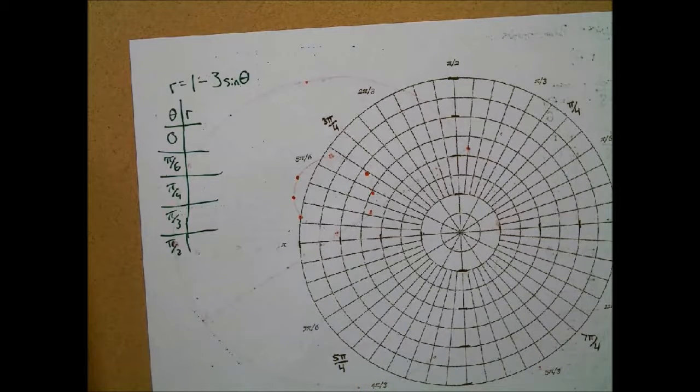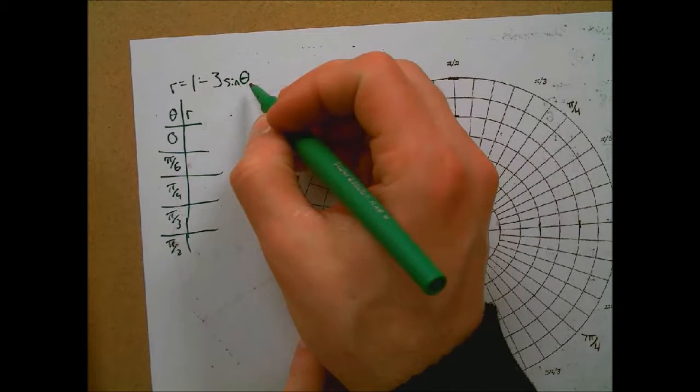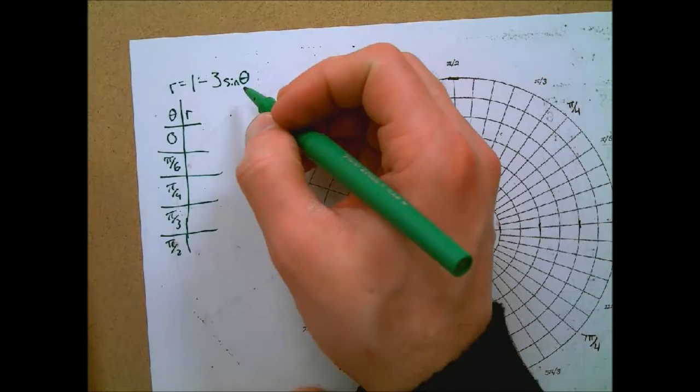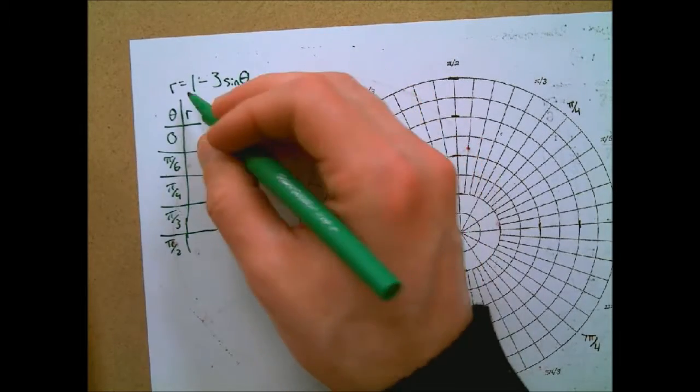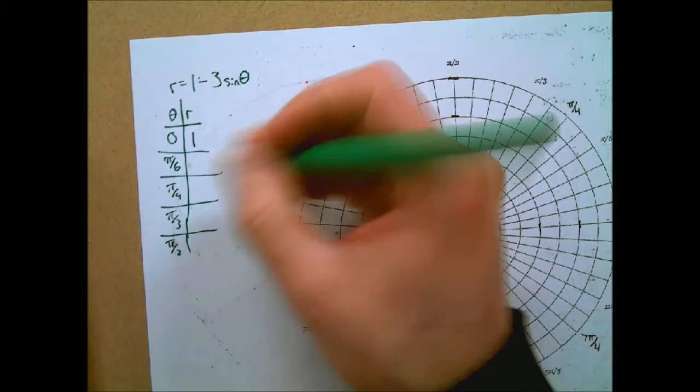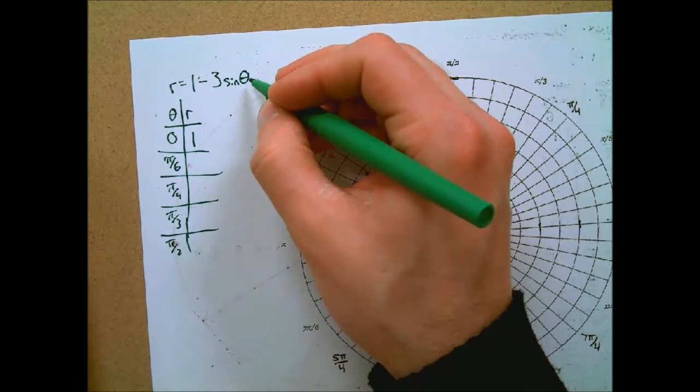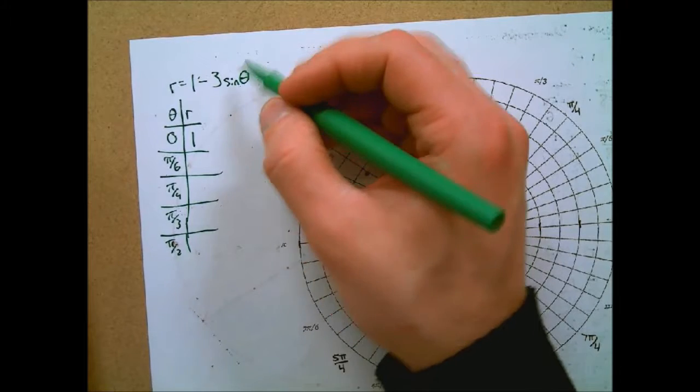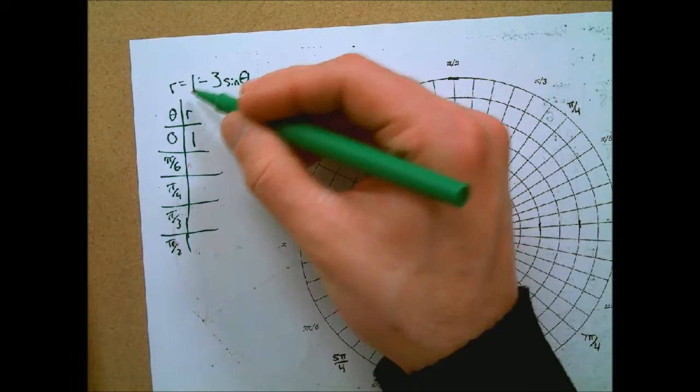Okay, so again, plug them in. Sine of 0 is 0, times 3 is still 0. 1 minus 0, though, is 1. Okay, plug in pi over 6. Sine of pi over 6 is 1/2. And then 3 times 1/2 is 3 halves. 1 minus 3 halves is negative 1/2.